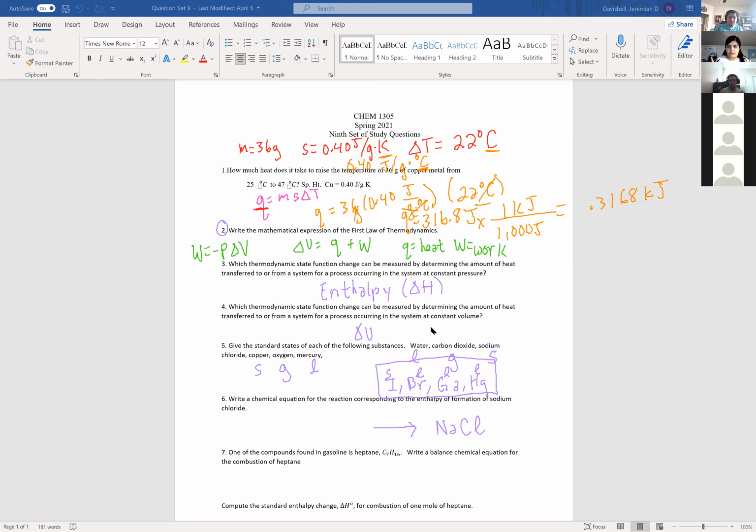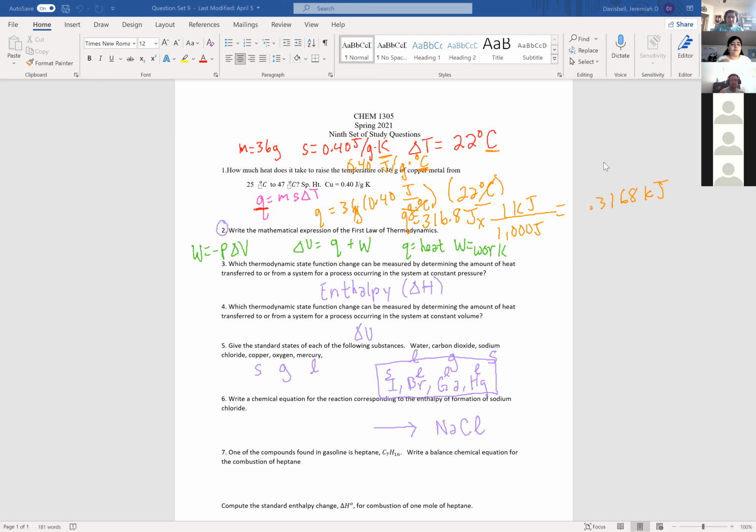Does anybody remember what it is? Yes, so you're going to make 1 mole of product, right? So when we're balancing this equation, we want to make sure that we only make 1 mole of product.